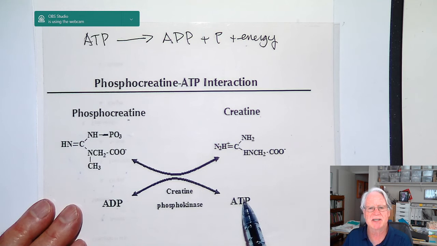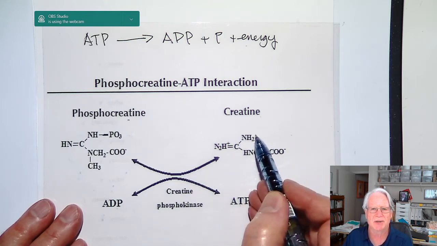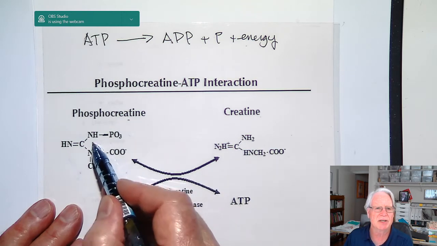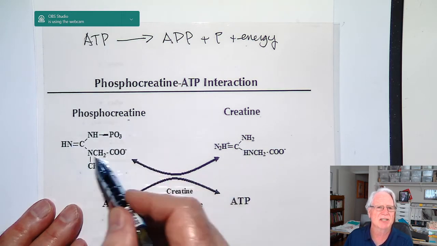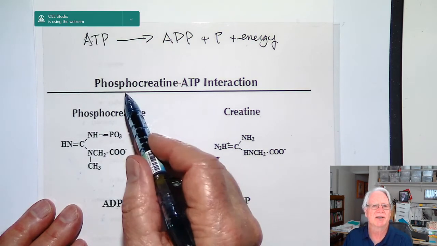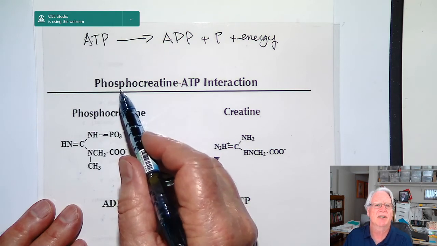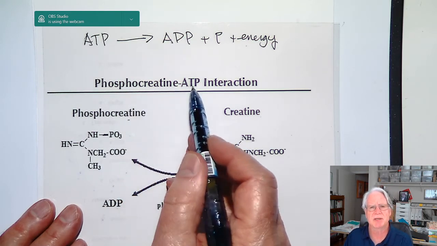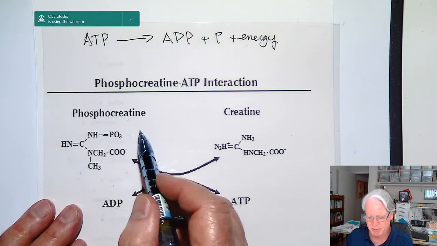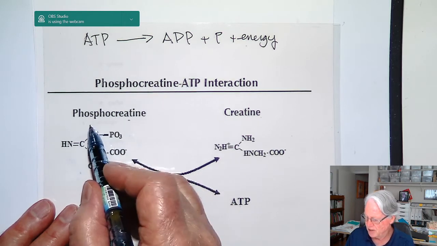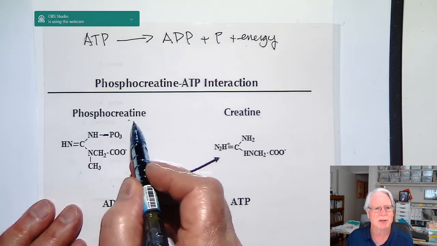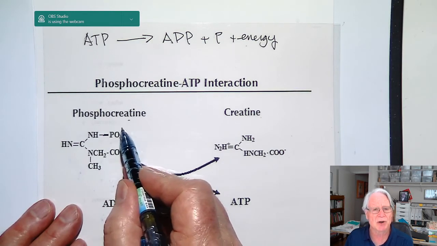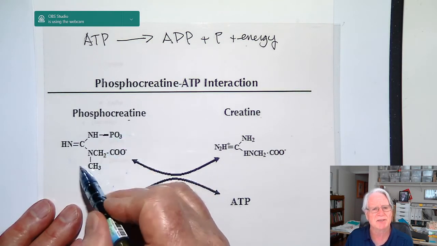I can take ATP, take that phosphate, donate it to this molecule, and convert it into creatine phosphate. And they're calling this a different term, phosphocreatine ATP. It doesn't matter. Creatine phosphate or phosphocreatine doesn't really matter. The point is that we're storing the phosphate group on this molecule.